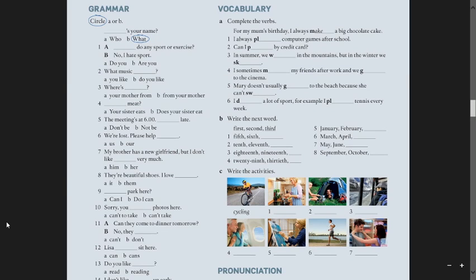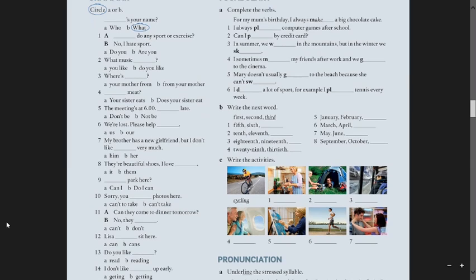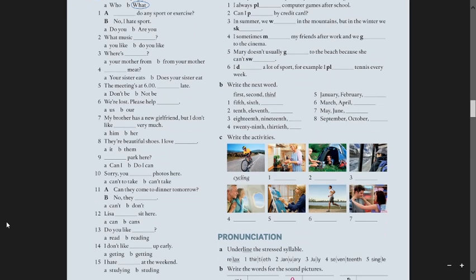For example, the first question is an example. You have option who and option what, and the blank space you have to complete is your name. So the right option is option B. What's your name? Okay, so you have to do the same with the rest of the questions and sentences, okay?